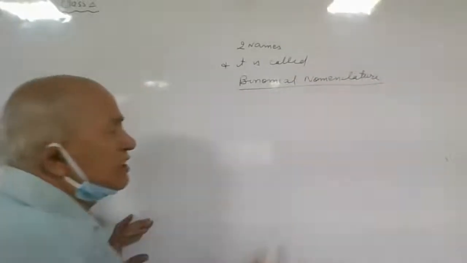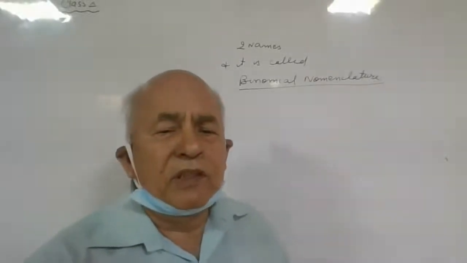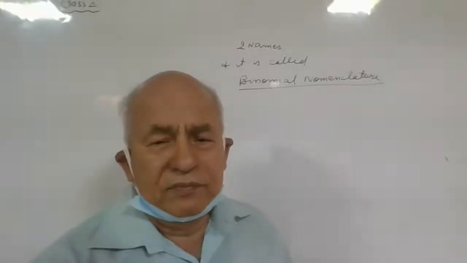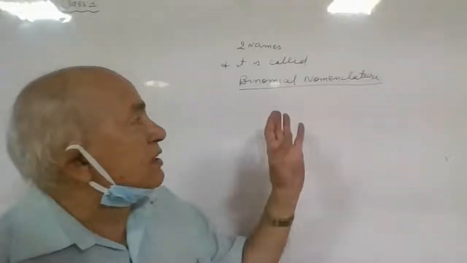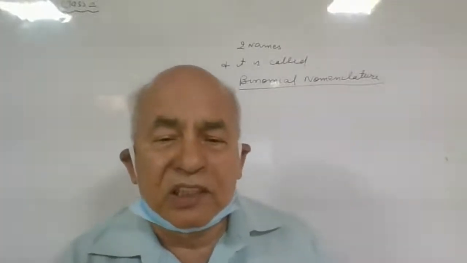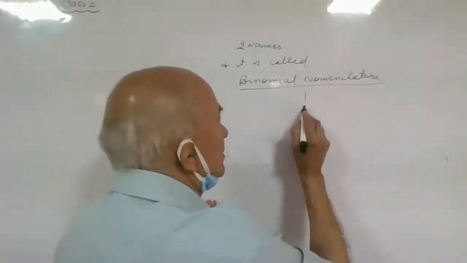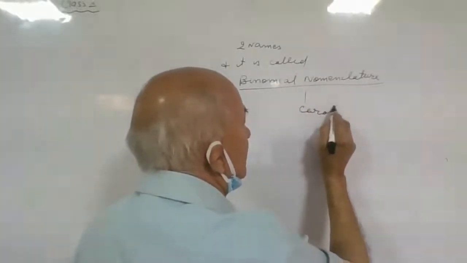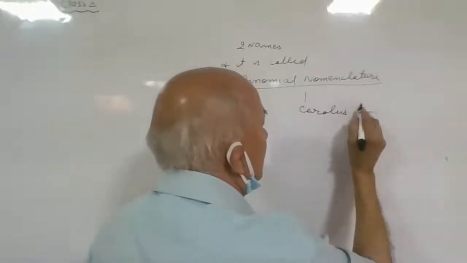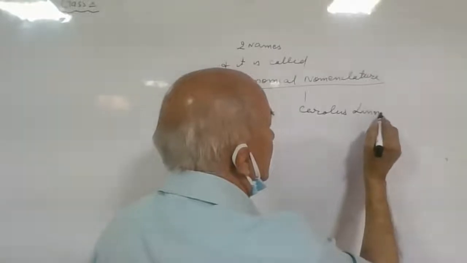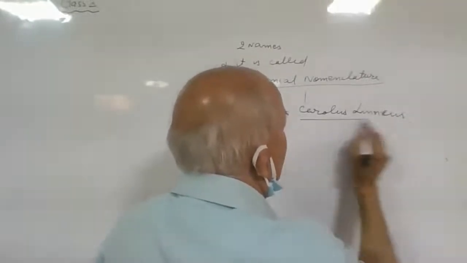This we shall discuss later on in detail during the second chapter. This is biological classification. In that, we shall discuss that this biological nomenclature was given by Carolus Linnaeus.